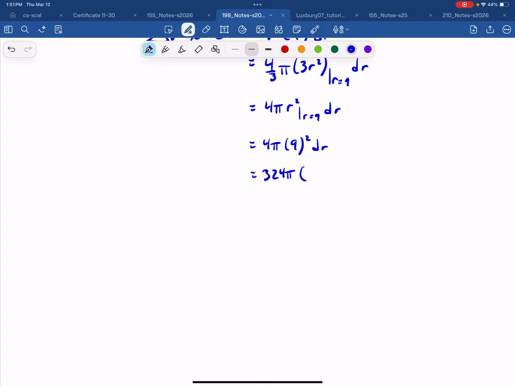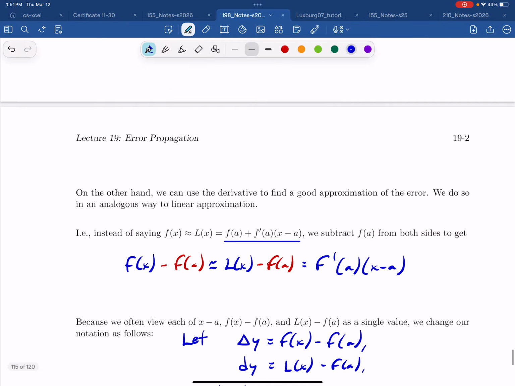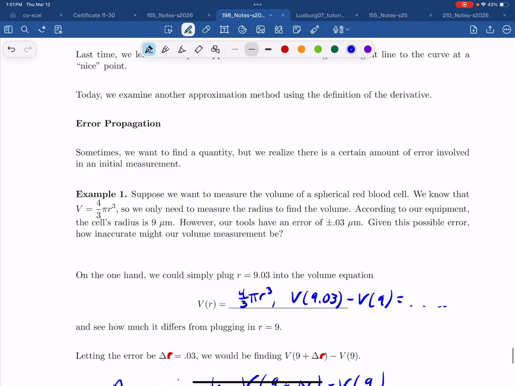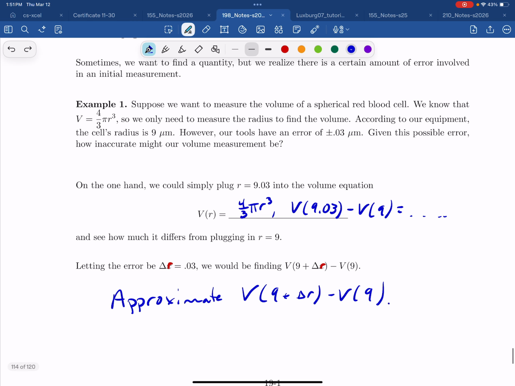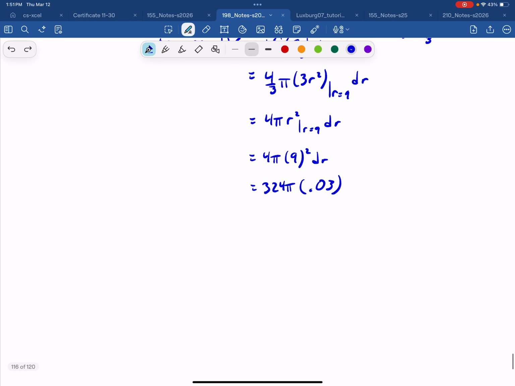And then remember that dr was given to us as 0.03. There's our dr. And so this winds up being 9.72 pi micrometers cubed. And that's our answer.